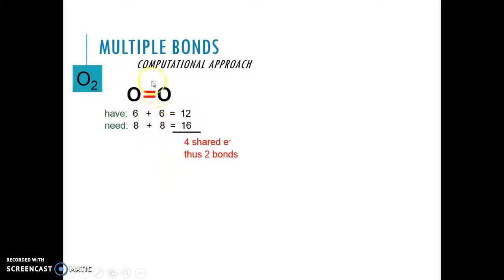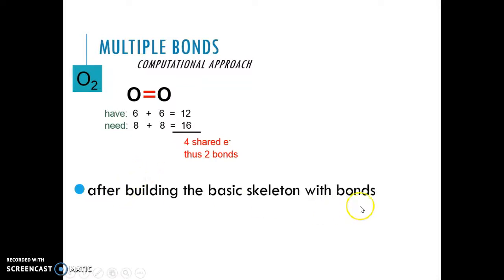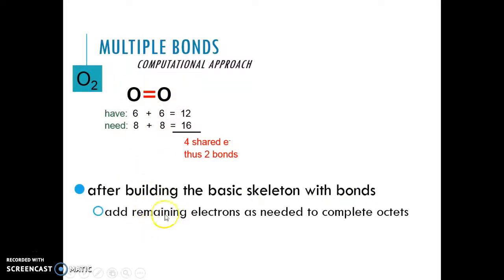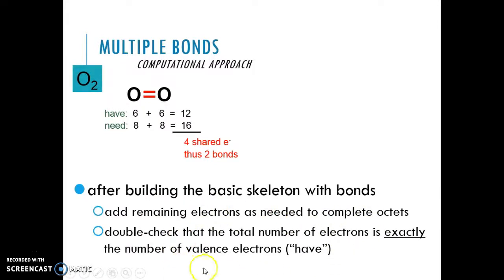So we're going to put the double bond between the 2 oxygens, and then we're going to fill in the rest. So after you build the basic skeleton, which is what we have here, you want to add the remaining electrons in order to complete the octet, and then you want to double check. So there's 2, 4. Remember that we have to use 12 electrons, so we've already used 4, which means we have 8 more left.